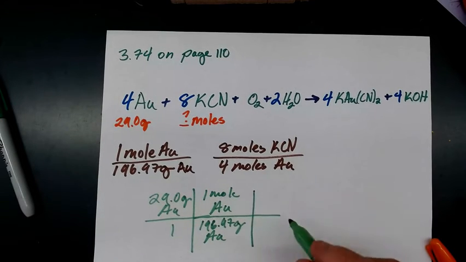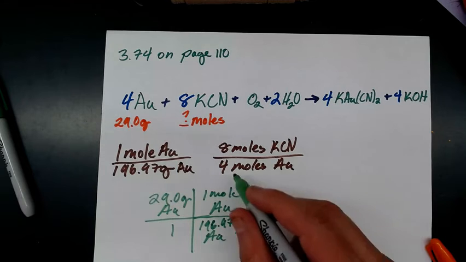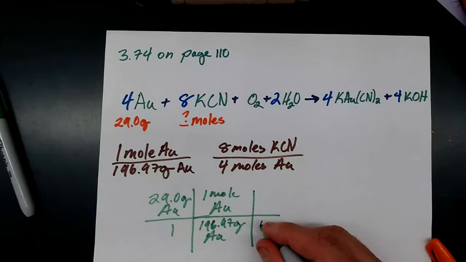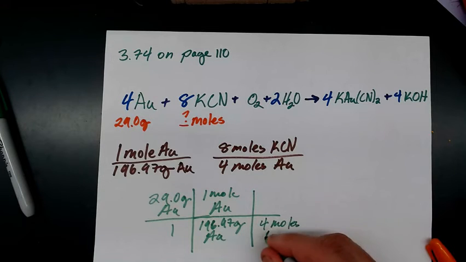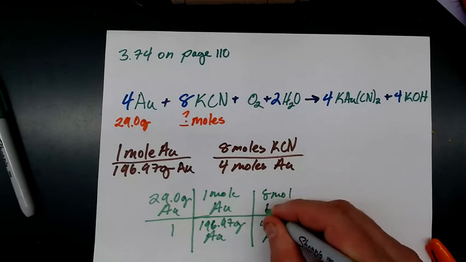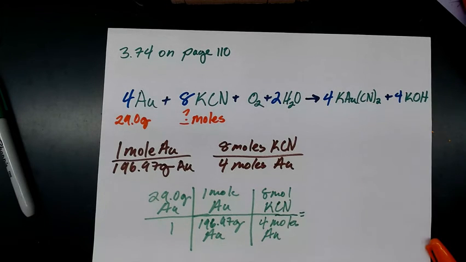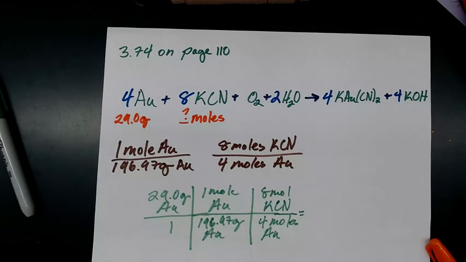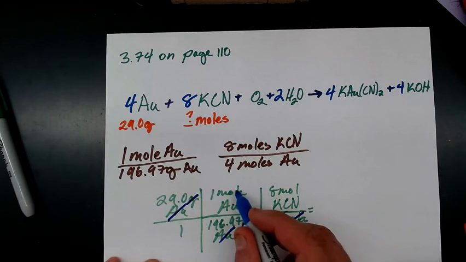And then finally, I'm going to use my relationship here, since again, we want moles of KCN. So I'm going to cancel out my moles by using 4 moles of AU on the bottom for every 8 moles of KCN on the top. I'm going to make sure my units cancel, so I have everything set up correctly. And I see that grams of AU cancel out with grams of AU, moles of AU cancel out with moles of AU.